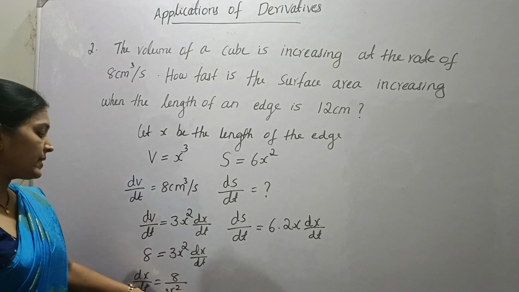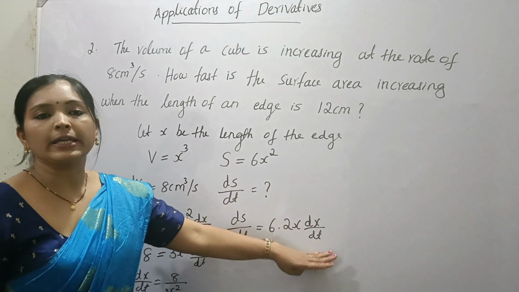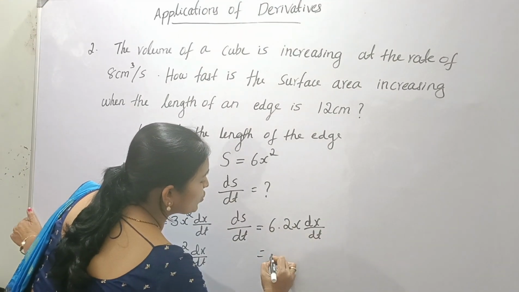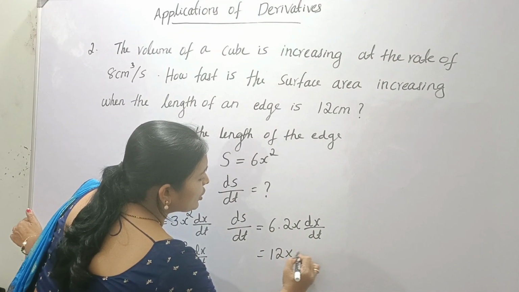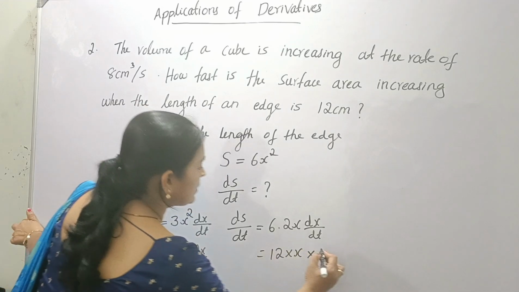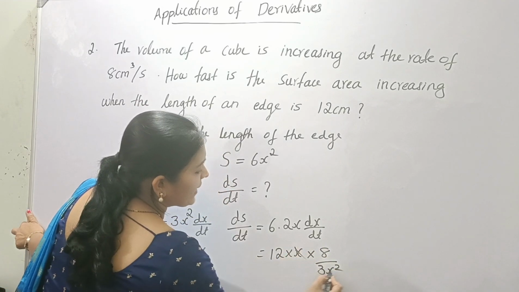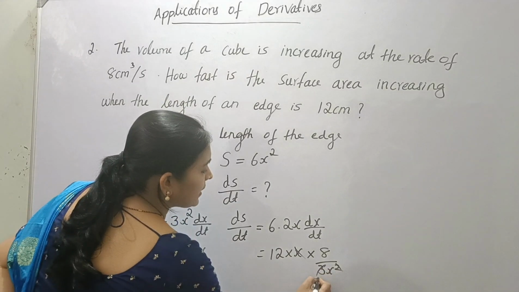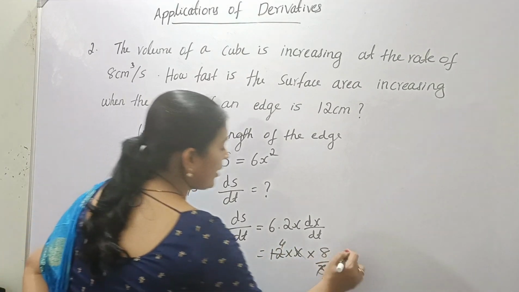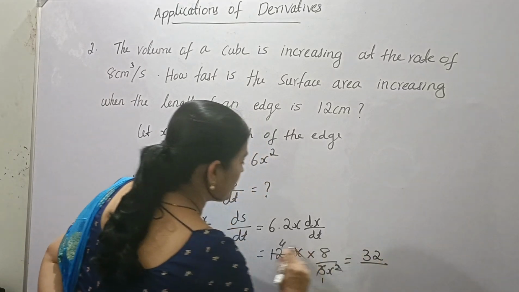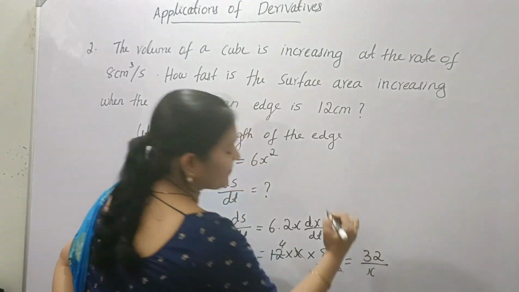Let's substitute this here: 6 into 2 is 12, 12 into x into 8 divided by 3x square. One x cancelled, then 3 fours are 12, that is here 32 divided by x.